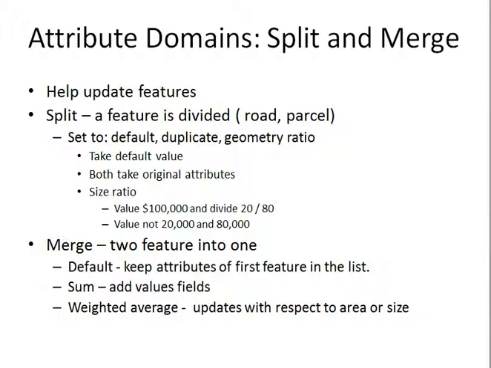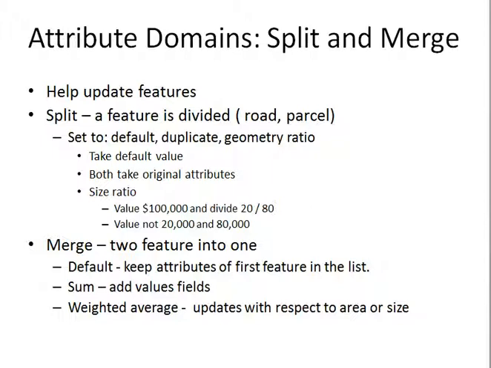The default value is something that I identify. If I split a polygon or a line, I can have both the new line and the old line have the original attributes, or I can use something like a size ratio.